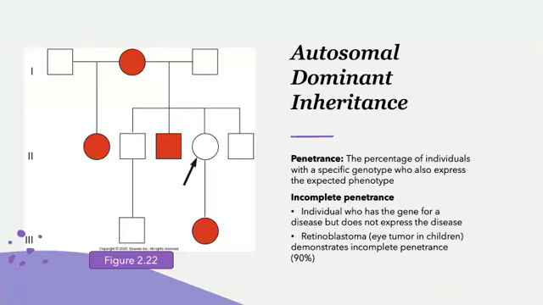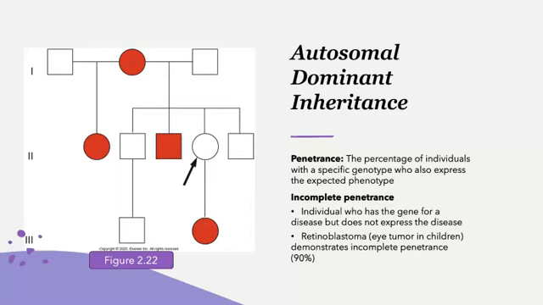This term penetrance refers to the percentage of individuals with a specific genotype who also exhibit the expected phenotype. And if we have incomplete penetrance, then that means our individuals with disease-causing genotypes may not show the disease phenotype.